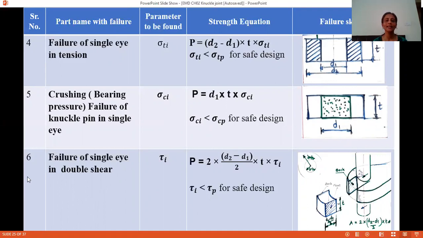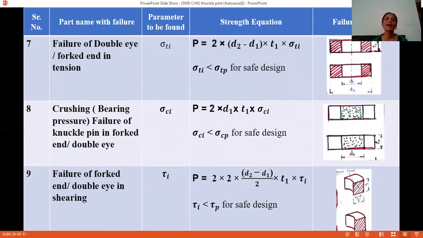And the next sixth step is the failure of single eye in double shear. So this is the strength equation. We will find tau induced and it should be less than permissible for safe design. So friends, 7th, 8th and 9th step are same as 4, 5 and 6th step, but here this is double eye and thickness of each eye is T1.